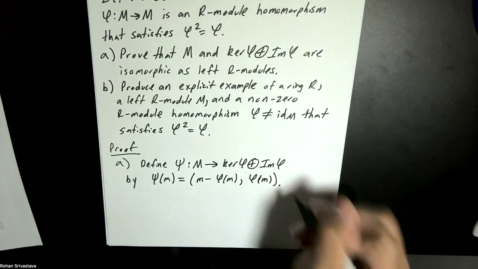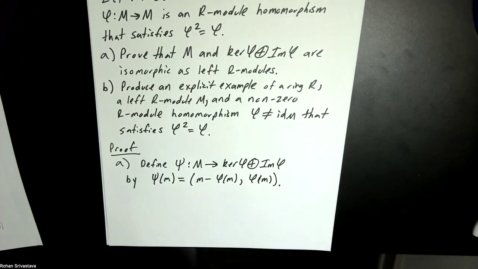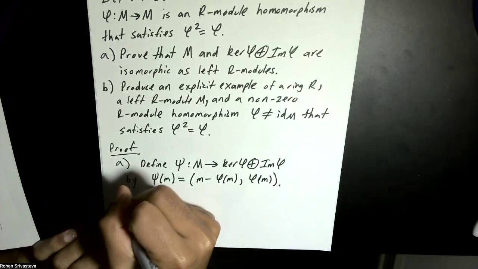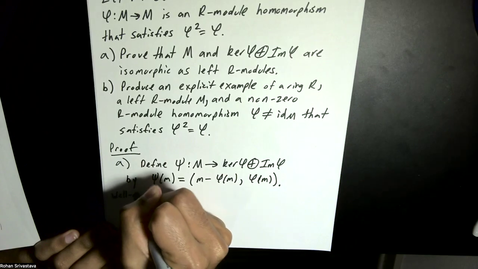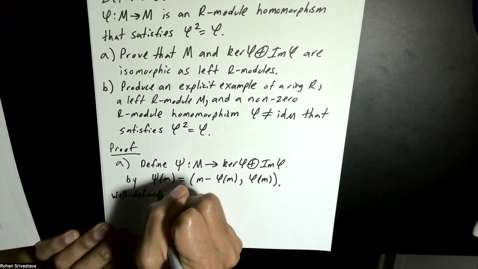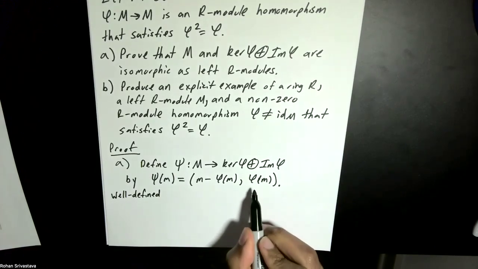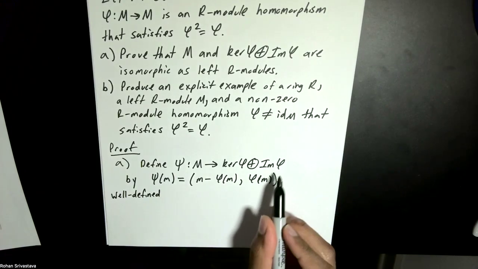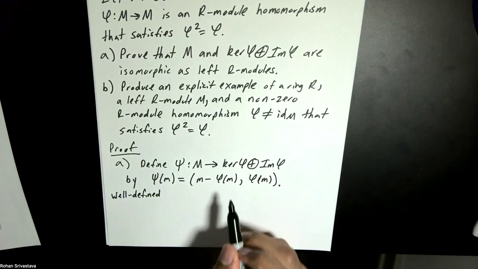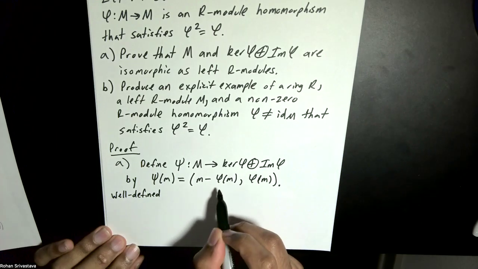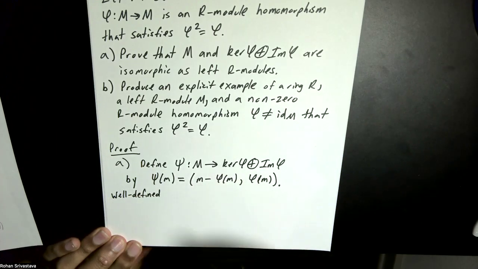Okay, so the first thing we need to make sure is that this is well defined, but it is. So clearly phi of m is in the image of phi. What about m minus phi of m? Is that in the kernel of phi?